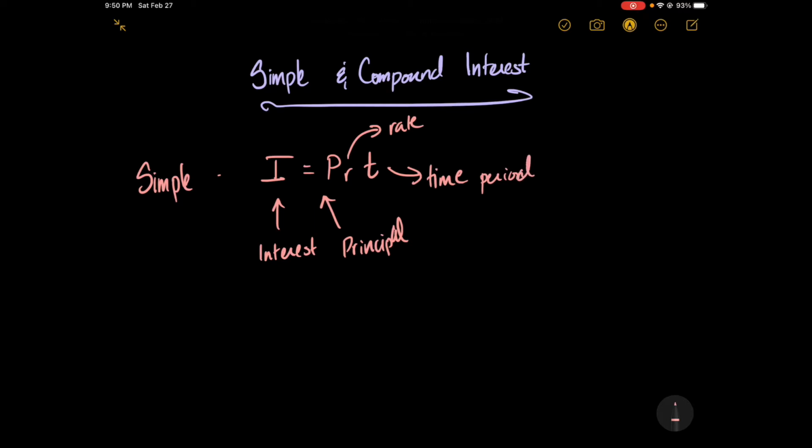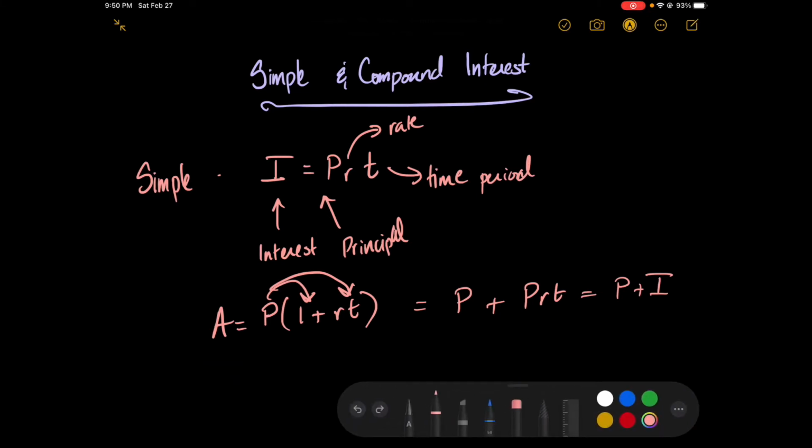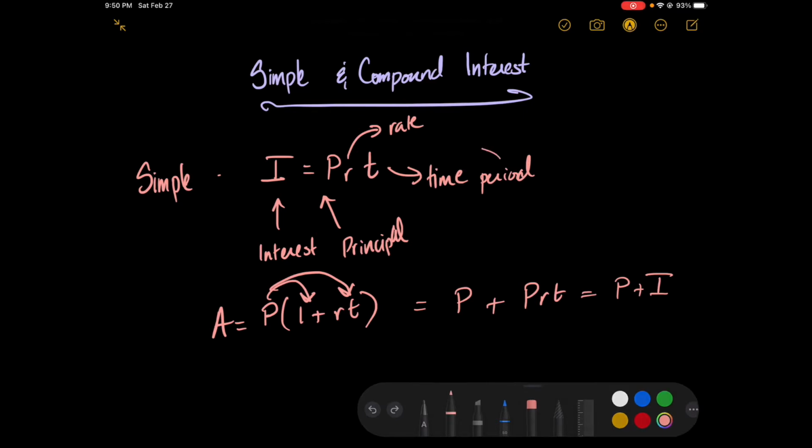The formula that I'd like to be using, though, is A equals P times 1 plus RT. Now, what's different about this is if you use the distributive property, you're going to notice this is the same thing as saying P plus PRT, which is the same thing as P plus I, which indicates this value A is the amount of money that you would be holding on to after this much time.